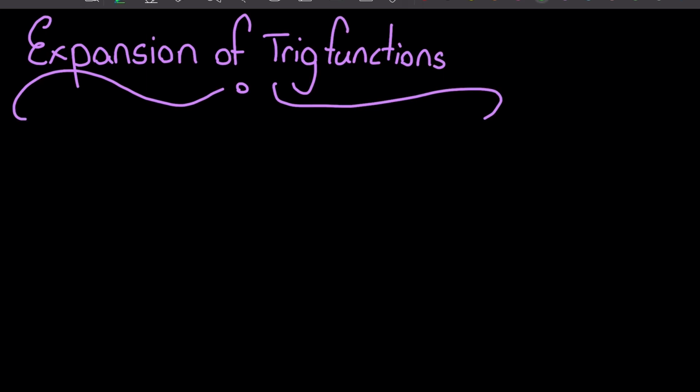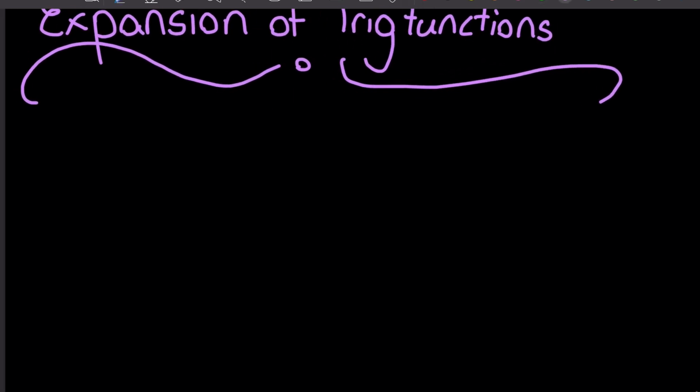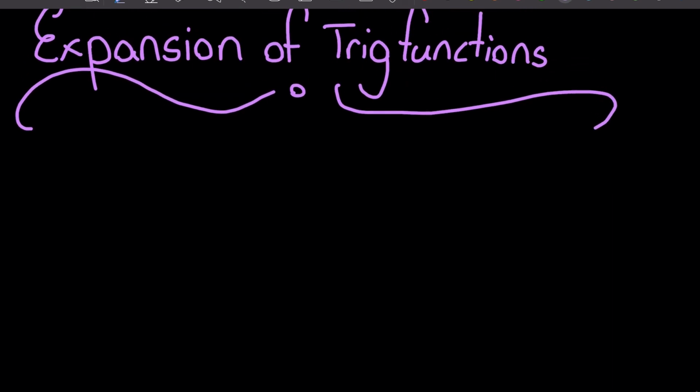So let's start. First of all, what is the expansion of a trig function? I'm going to show you, for example. Here's one that you need to know: sine a plus b.